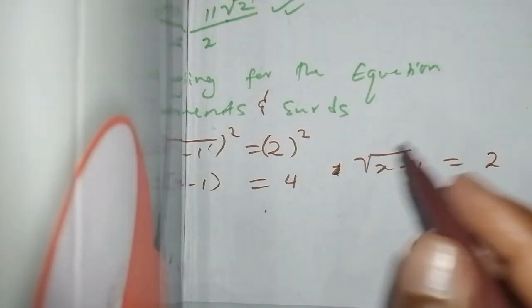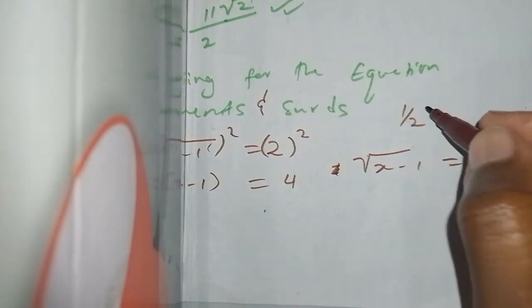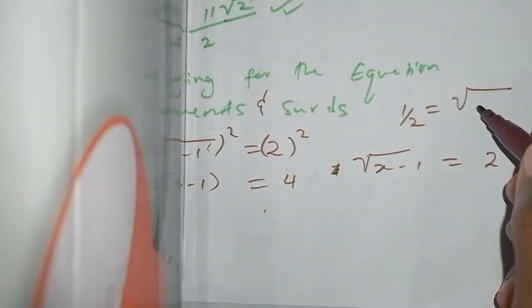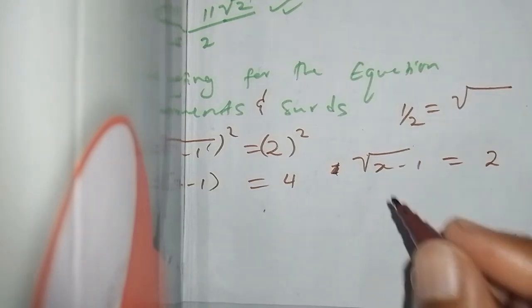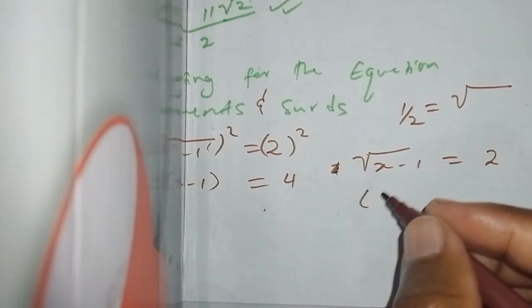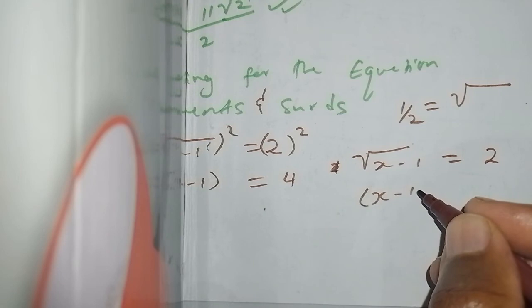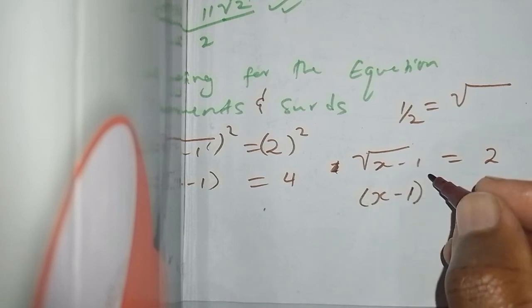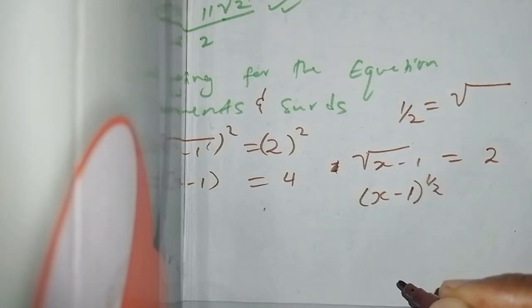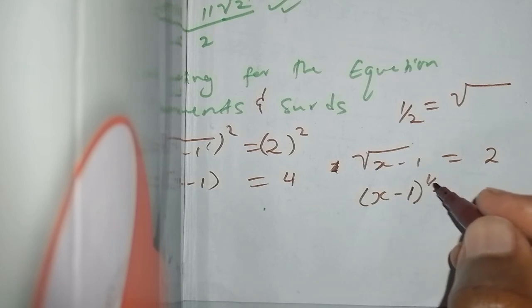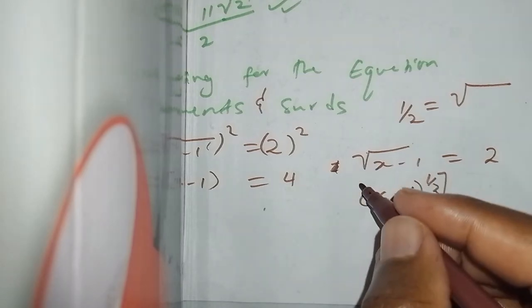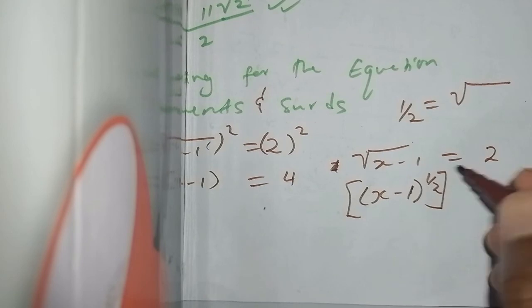Remember, this square root represents a half, so I need x minus 1 to the power half. But to remove this half, I need to multiply by the opposite of half, which is 2.